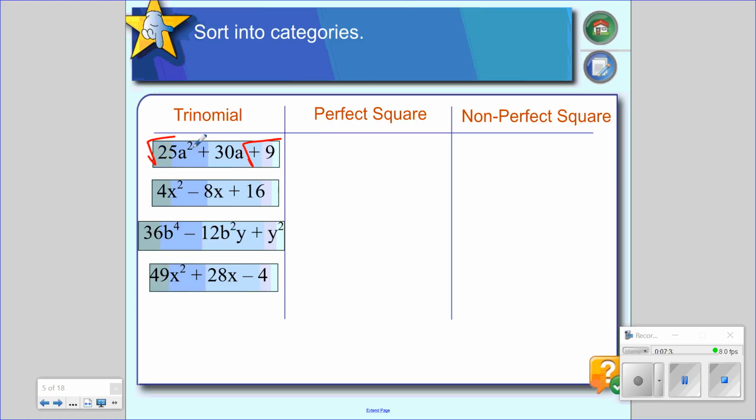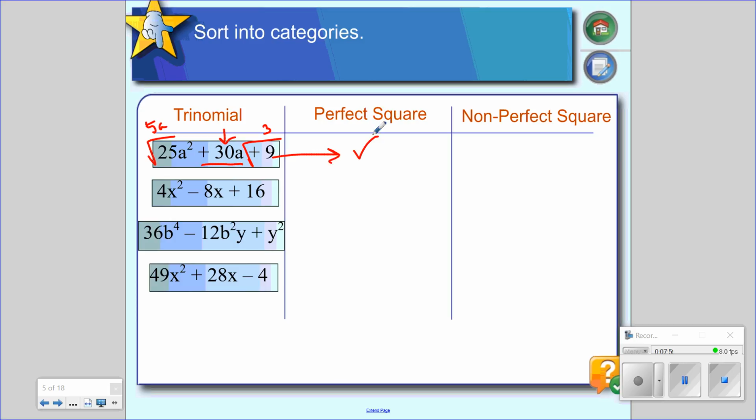The square root of 25a squared is 5a, and the square root of 9 is 3, so that works out. And then we want our middle term to be twice the product of the square roots of the ends. So 5a times 3 together make 15a, and if we double it, we get 30a. So this is a perfect square trinomial.